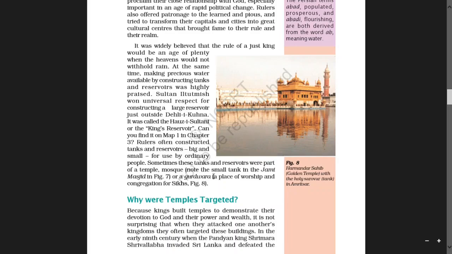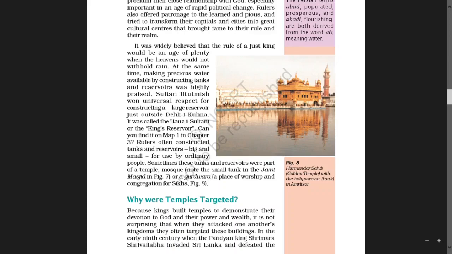A Gurudwara is a holy place for the Sikh community where Sikhs gather for worship and to listen to Guruvani, from their holy book, the Guru Granth Sahib.